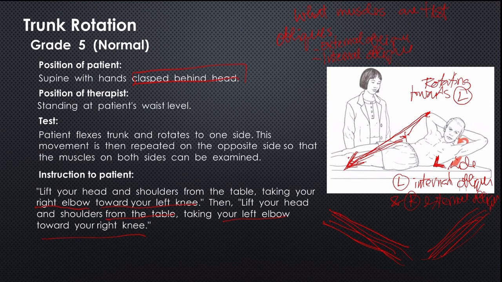Whatever the direction of rotation, the left internal oblique is contracting. So if it's a left rotation, left internal oblique and right external oblique. If the opposite is happening, the left shoulder towards the right knee, that's actually rotating towards the right side.